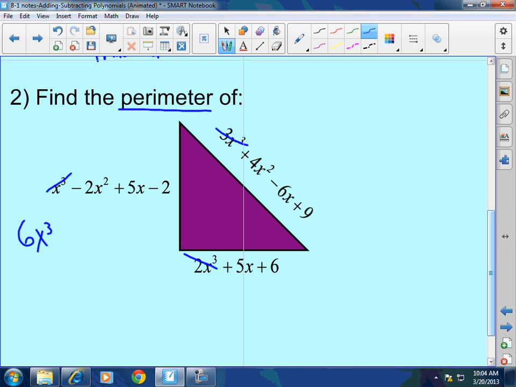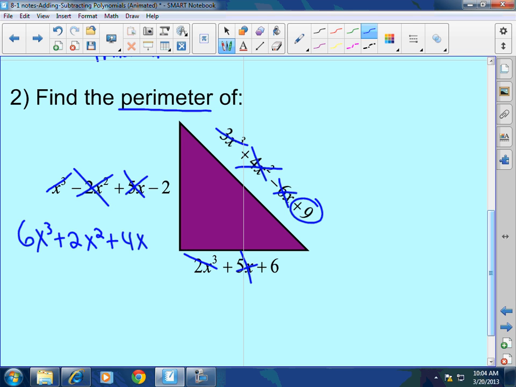Guys, standard form. You have 2x squared because 4x minus 2x is 2x squared. Plus 4x because you have negative 6x, 5x, and 5x. That's 10 minus 6 is 4x.